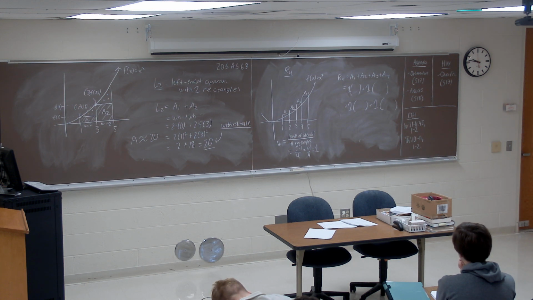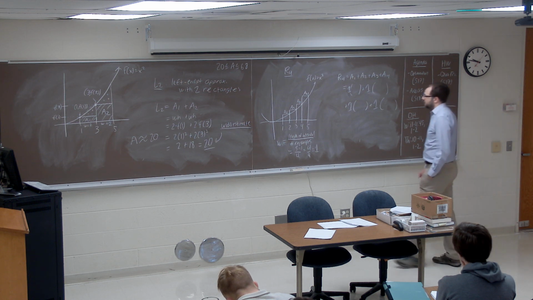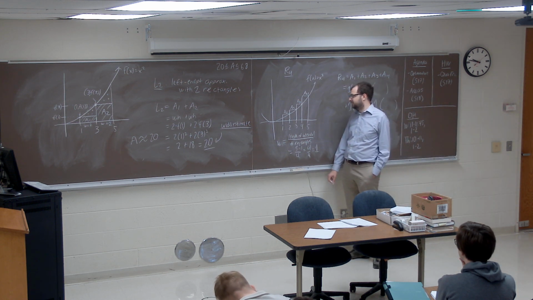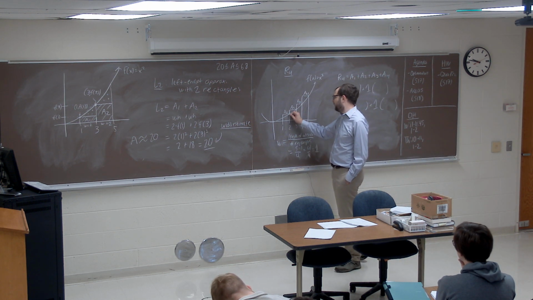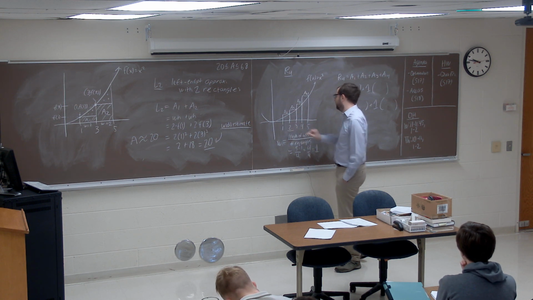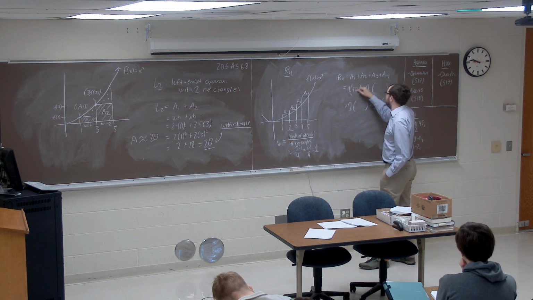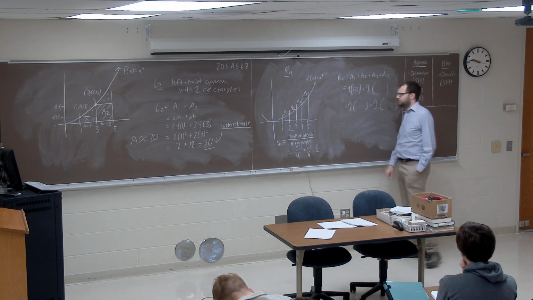Emma, how did you find the height of the first rectangle, the A1 rectangle? Using f of 2. The top right corner comes from x equals 2. So f of 2 is the height of that rectangle.